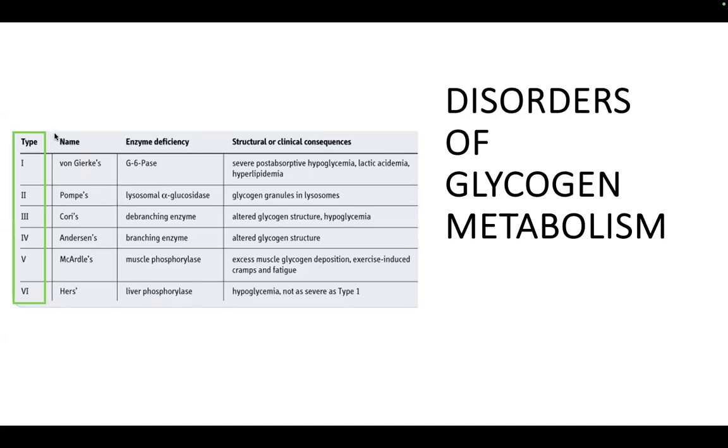Then they have a common name, which is usually an eponym or named after a famous person. Then you have the enzyme that is deficient. And lastly, you have the structural as well as the clinical consequences. This is what I would consider as the manifestations of that particular disease.